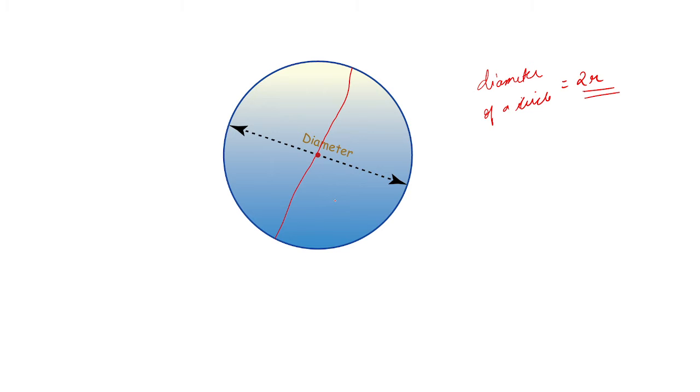Why is it 2r? You see, the diameter is from here to here, but you know that from the center of the circle to the other end it is r. Now again, from the center to the other end of the circle is going to give you r. So you add them up. R plus r gives you what? R plus r gives you 2r. So this entire length becomes the diameter. That is how you're getting the formula 2r.